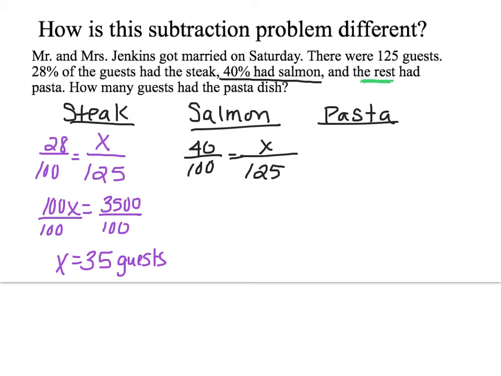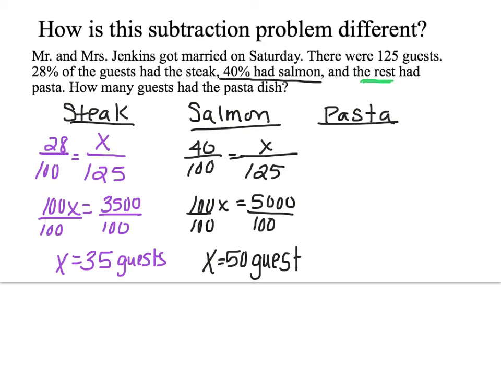There was nowhere right then that it signaled me to subtract. I'm going to use that 40% still of how many people were there. So I cross multiply and get 100x equals 5,000. Divide both sides by 100. And I get x equals 50 guests. So 50 people had the salmon.